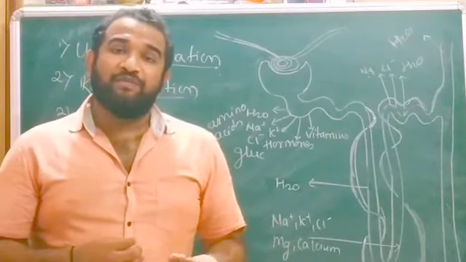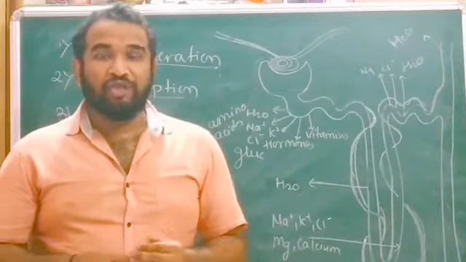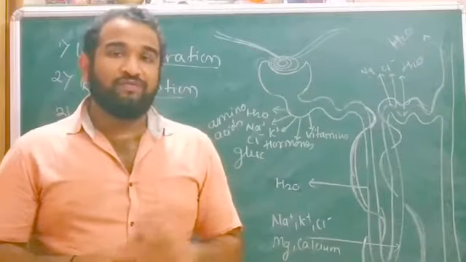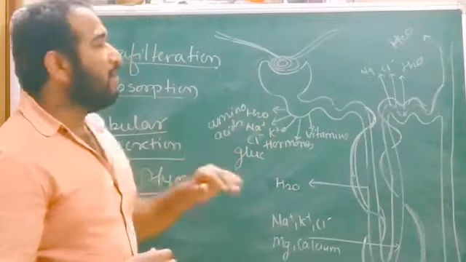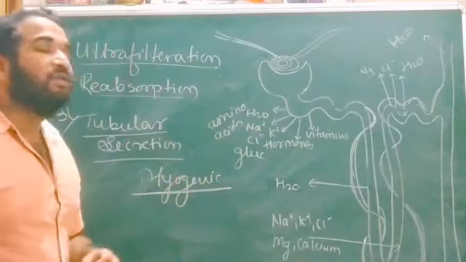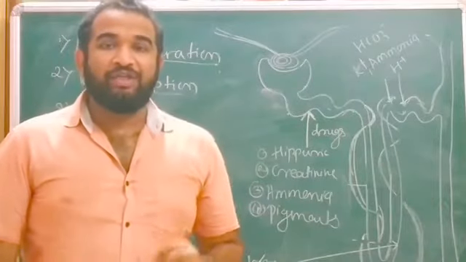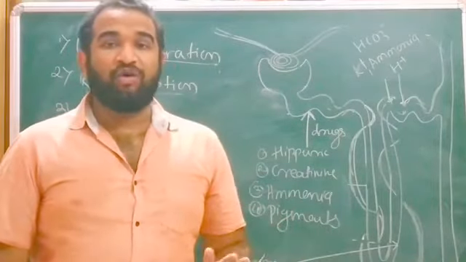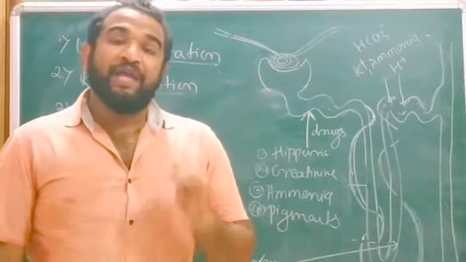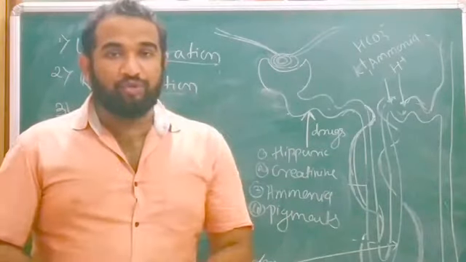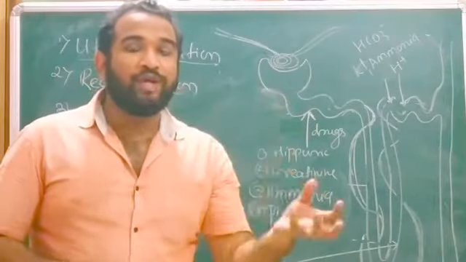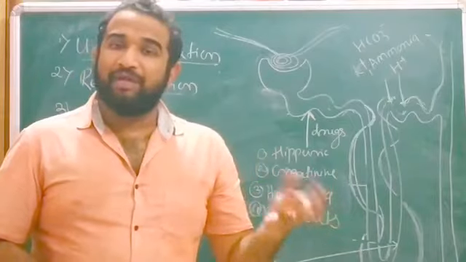Now, the next point that we will study is tubular secretion, which is the last part of this topic, that is ultrafiltration, reabsorption and tubular secretion. You have to remember that tubular secretion is exactly opposite to tubular reabsorption. In reabsorption, the substances from the tubules were poured into the vasa recta, that is the blood capillaries.